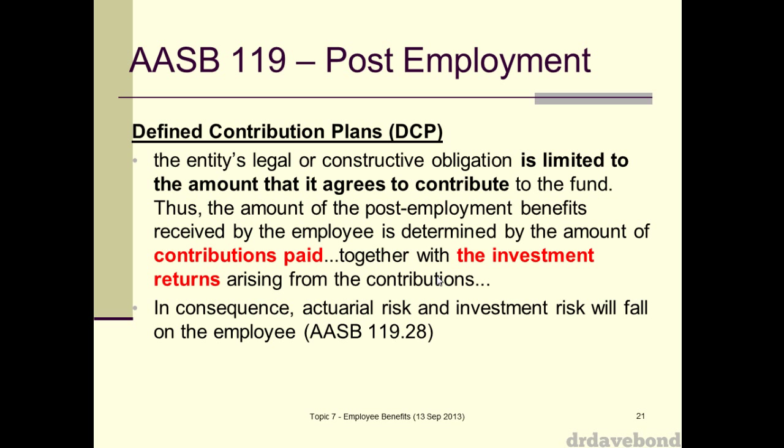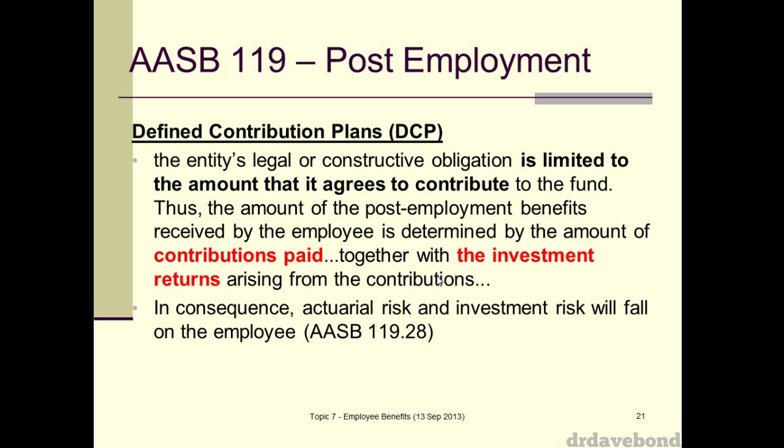So, a defined contribution plan, and remember this is the more popular one in Australia. The entity's legal or constructive obligation is limited to the amount that it agrees to contribute to the fund. And that's important because remember, we're talking about liabilities. So the liability for the company is limited. There's a limited liability sitting there, and it's only to the amount that it agrees to put in for super.